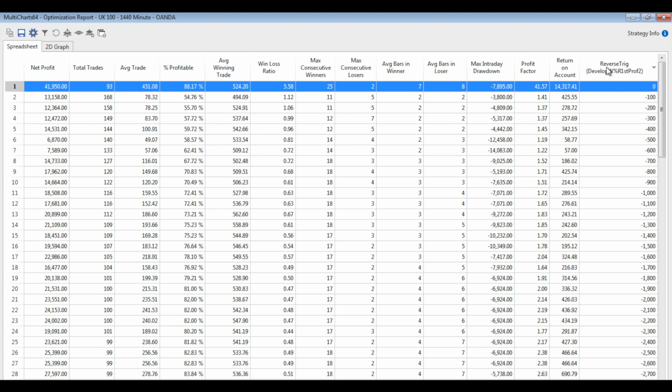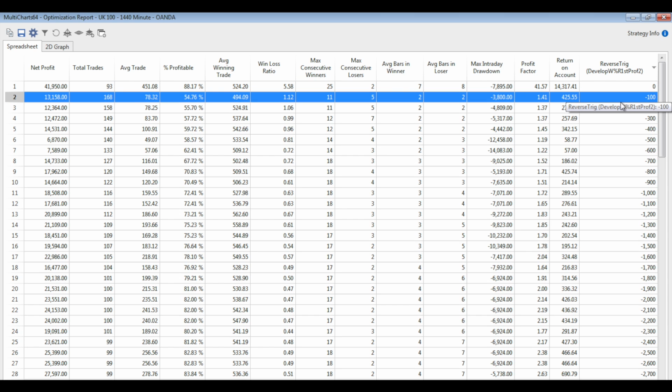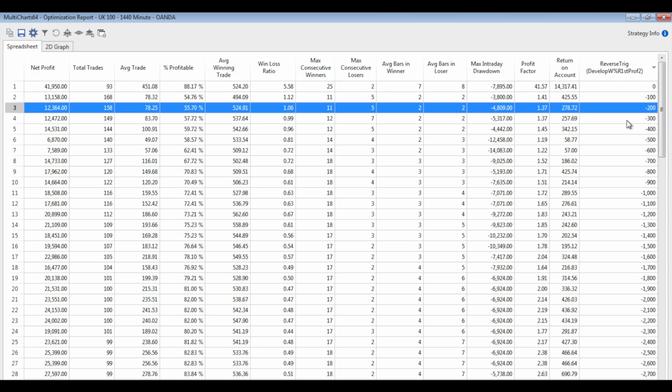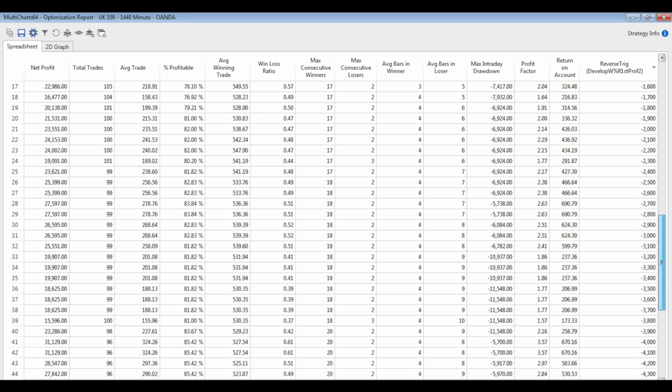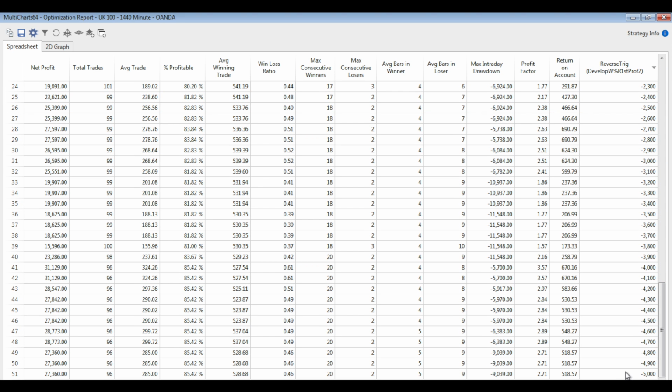So in this right-hand column, we can see that we've got this input called reverse trigger. And for each minus 100, that's 10 points, minus 200, 20 points, and so on. We went all the way to minus 500 points against us.